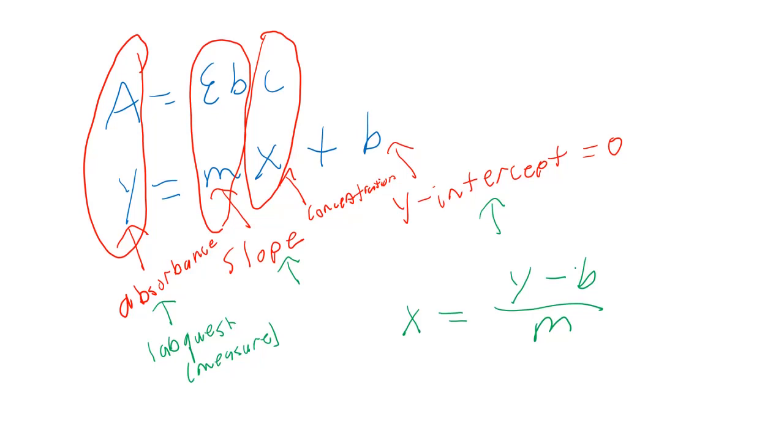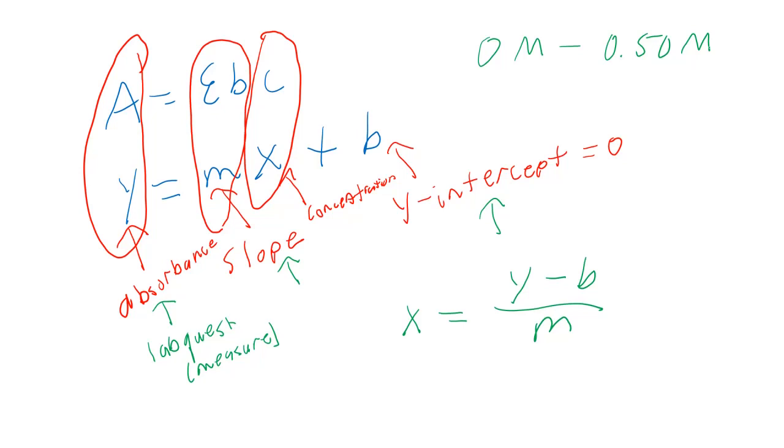Now keep in mind that we only measure standard solutions from 0 molar to 0.5 molar. And we can't really extrapolate that line very far past the 0.50 molar. We don't have enough data to extrapolate that accurately.